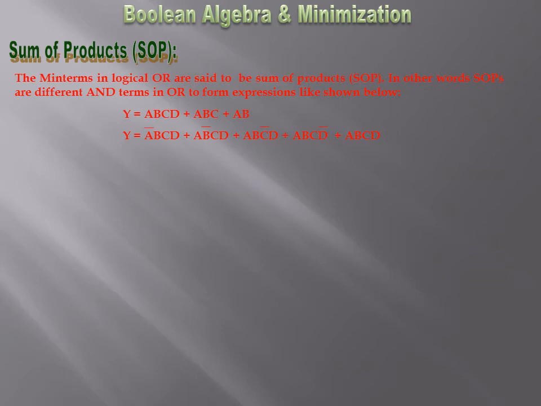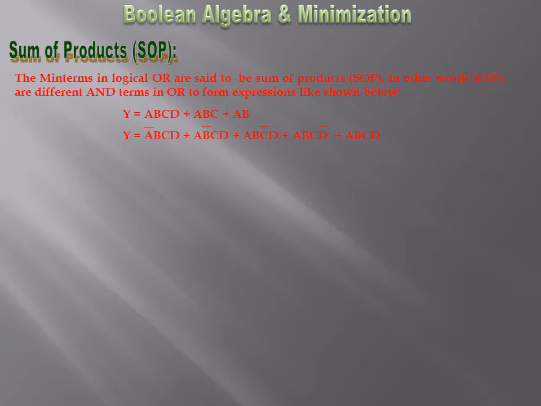Now we have the other term called sum of products or SOP. It is the minterms in logical OR, and is sometimes called sum of products. In other words, SOPs are different AND terms in OR to form expressions like Y equal to ABCD or ABC or AB.